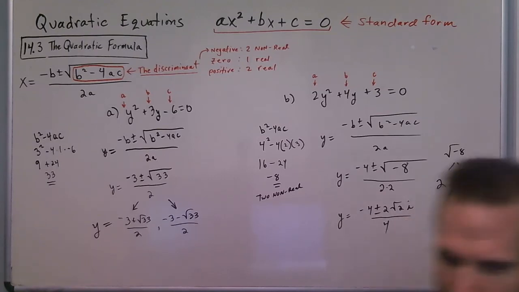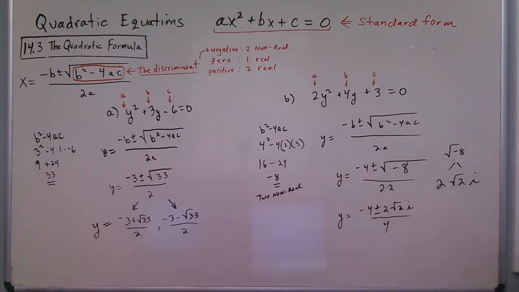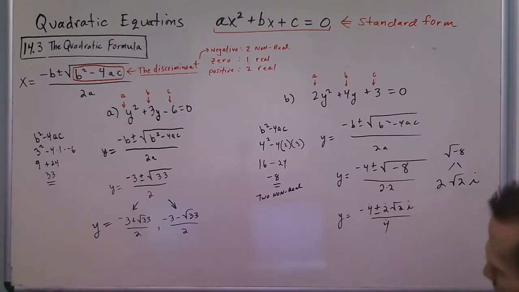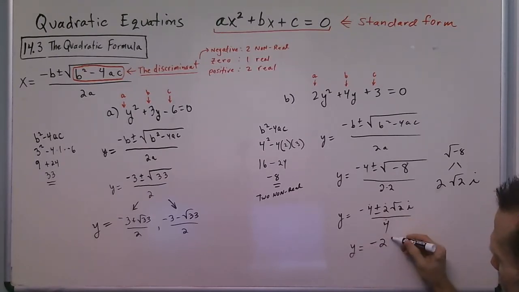So this looks pretty good. We got everything in, and what we have to recognize here is that since all these are even, I could divide them all by 2, and I can simplify my solution. You'll get used to spotting these, that all of these can be reduced, but it has to be all 3 pieces. So if I divide this by 2, I get negative 2.